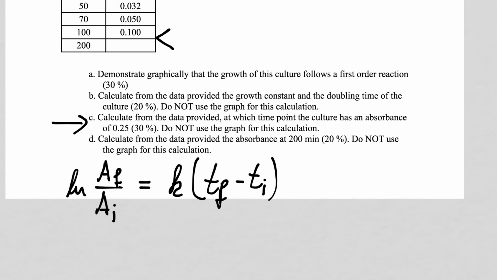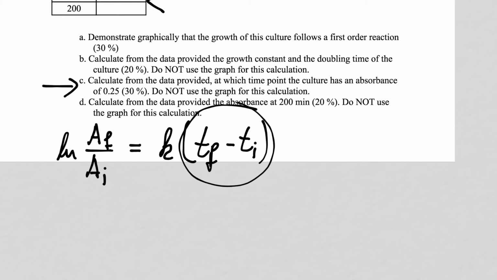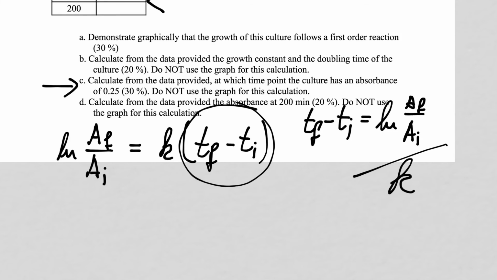So what are we looking for? We are looking for time. After which time? So we are looking for this part here. And we can rearrange that. T final minus T initial equals ln A final over A initial divided by K.